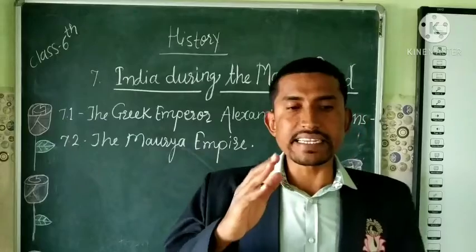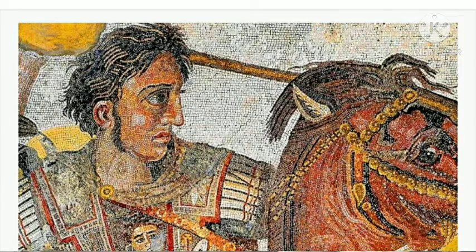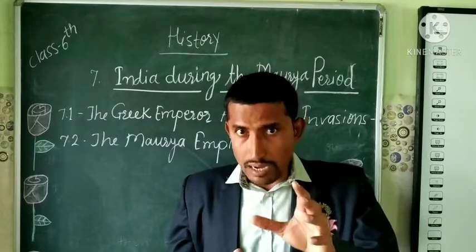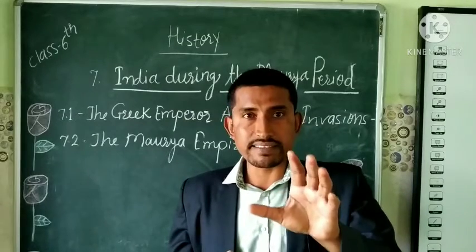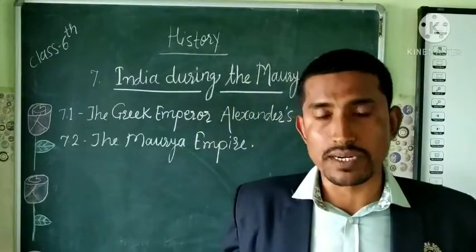So Alexander the Greek emperor invaded India's northwest frontier in 326 BCE. Invaded means attack. About Alexander, one thing we have to keep in mind is that his desire was to conquer the entire world.